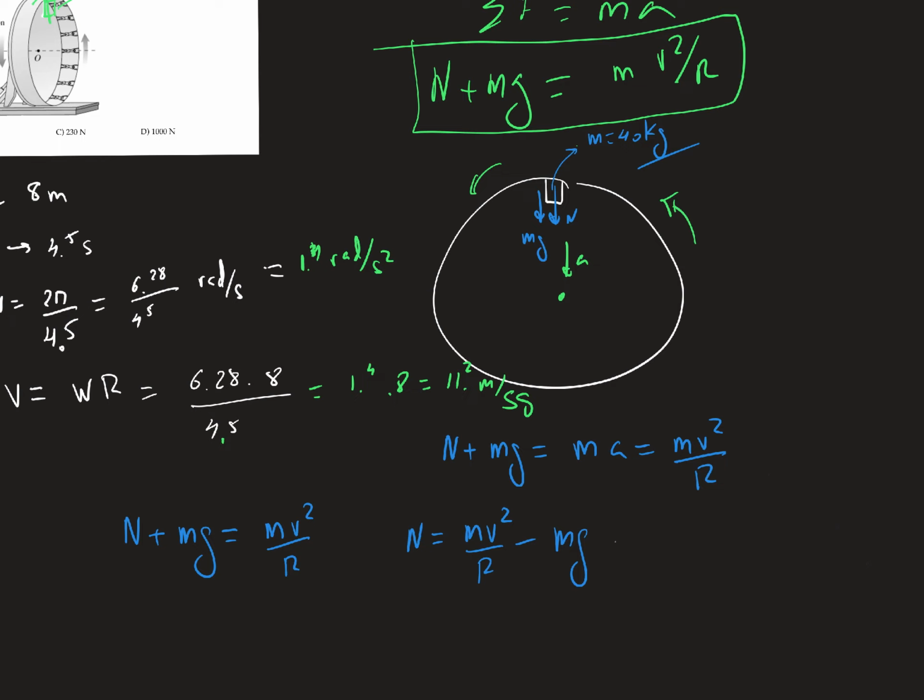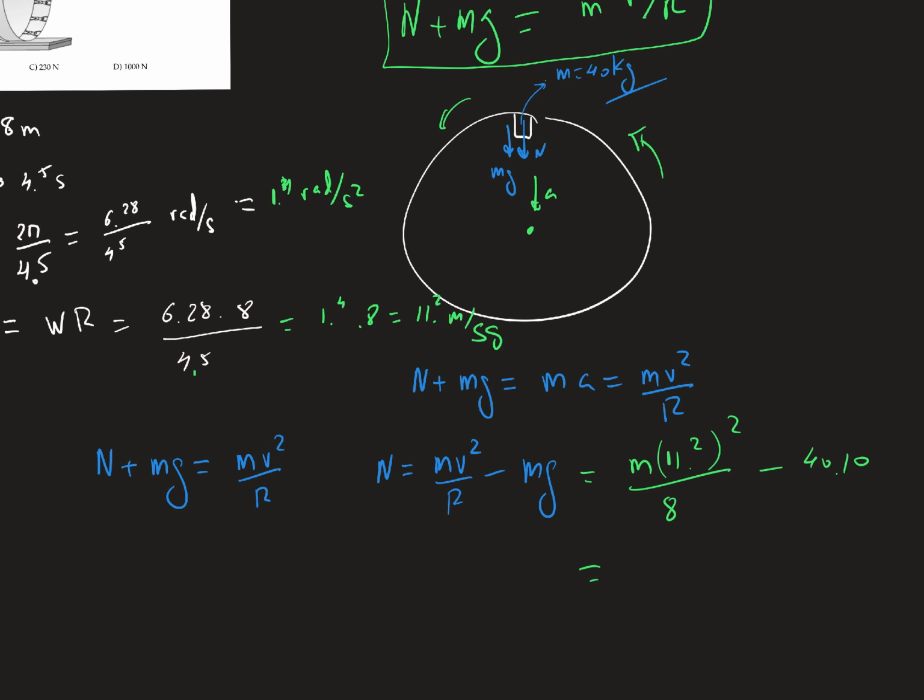So making numbers, the normal force will be m v squared, you said that is 11.2 squared divided by 8, minus m, 40 by 10. So this would be 40 by 8, 11.2 squared divided by 8, minus 40 by 10, minus 400.